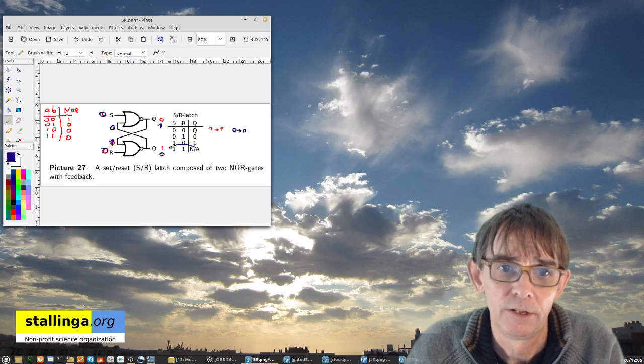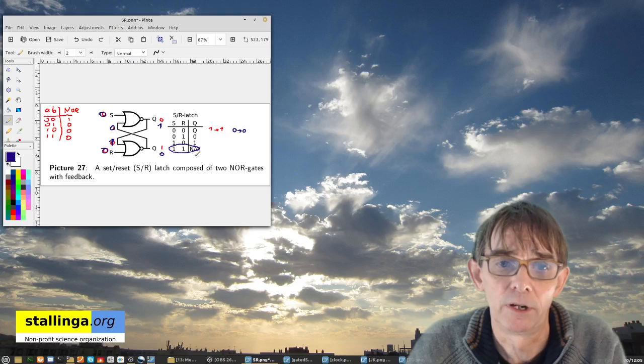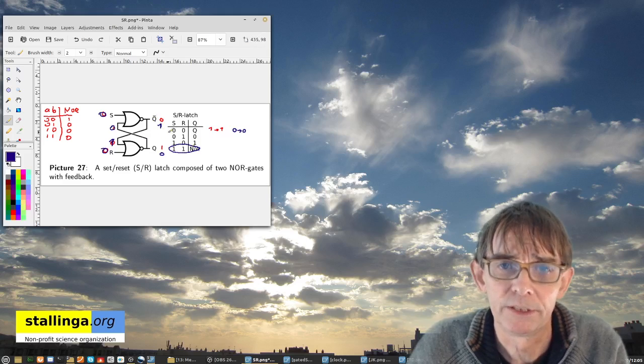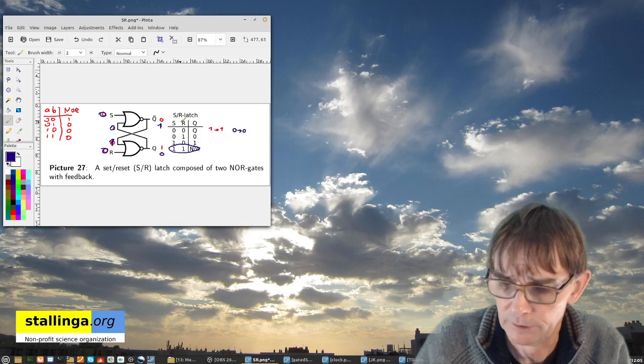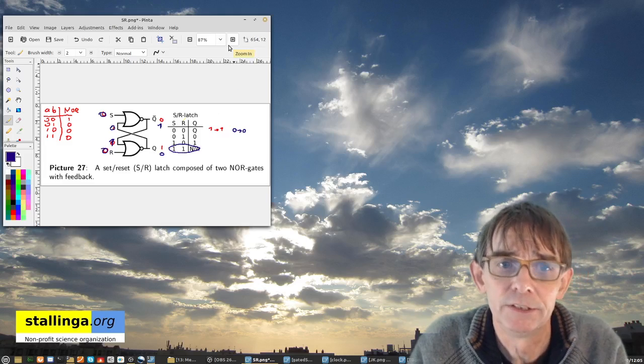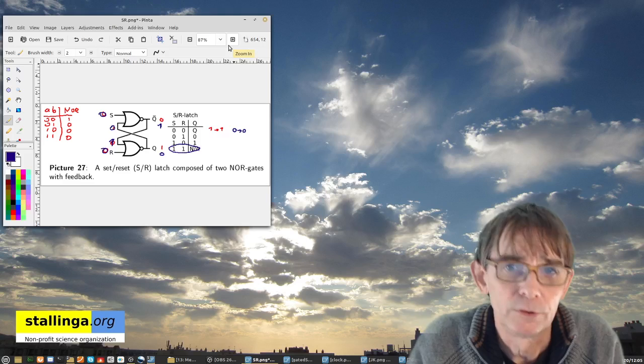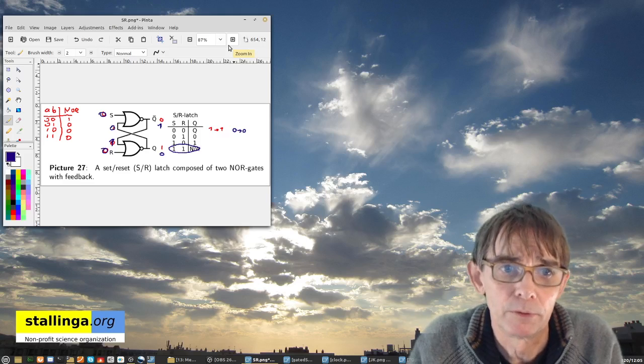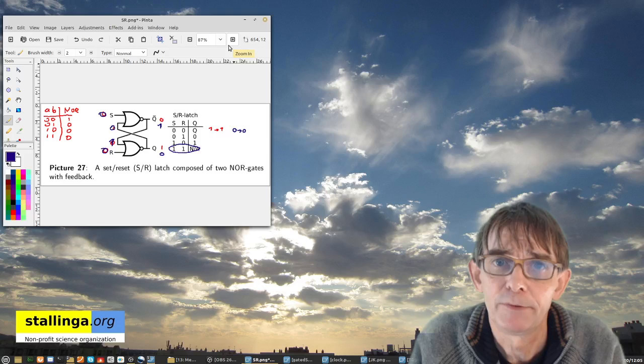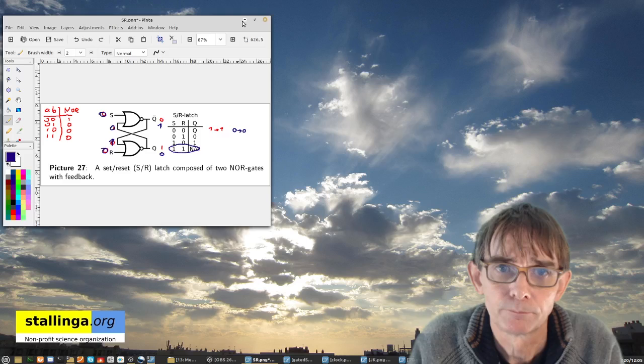And this last combination is not allowed, or it's called an invalid input, because then the output becomes both zeros, which is not desirable. It's not a nice state for engineers to talk about. So we should avoid the 1, 1 input. But you can see the effect: when you apply feedback, you have a memory element.